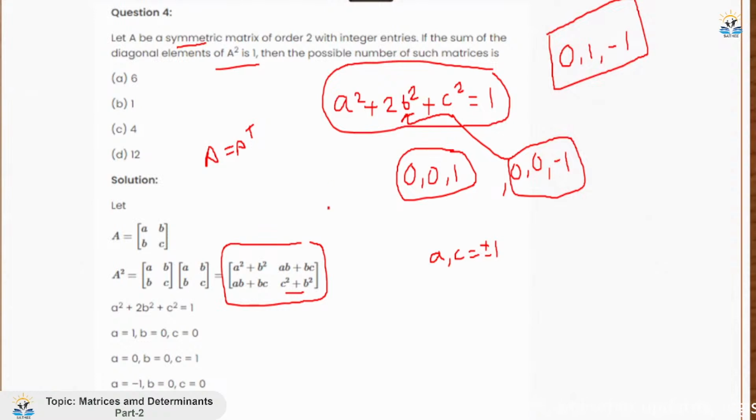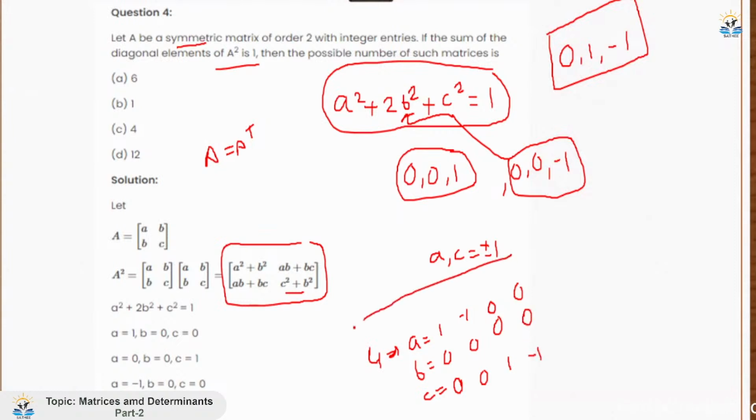So there are a total of 4 such matrices. Let me write the 4 cases. You can take the value of A to be 1, with the other two zeros, or A can be minus 1 with two zeros, then the other two can be 0, with C being 1, or finally 0, 0, minus 1.